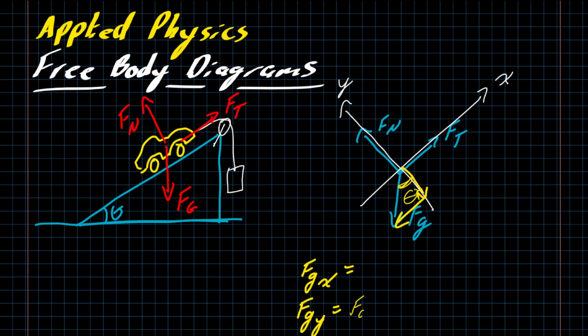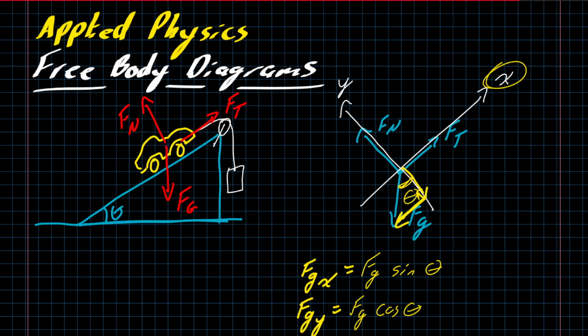F_GY is going to be F_G cosine theta. This bit over here, which we've set up as being with the x-axis, is the opposite leg, so that'll be F_G sine of theta. So when you don't have your angle given in standard position, you have to think about things a little bit and try to make sure that everything makes sense.